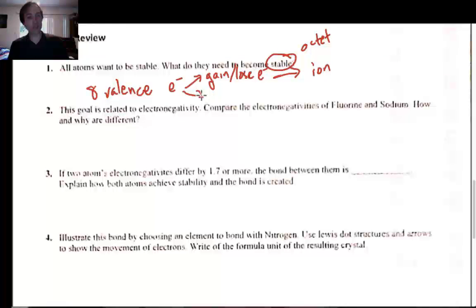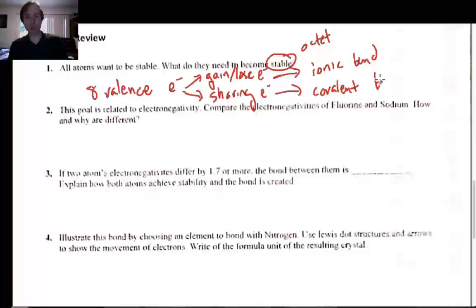They also might get there by sharing electrons, and if they're going to do that, then they're going to get to their octet by forming a covalent bond. So the point is that both of these things, whether it's an ionic bond or a covalent bond, they're both achieving the same goal. And that goal is, in both cases, to get the atom involved its octet.